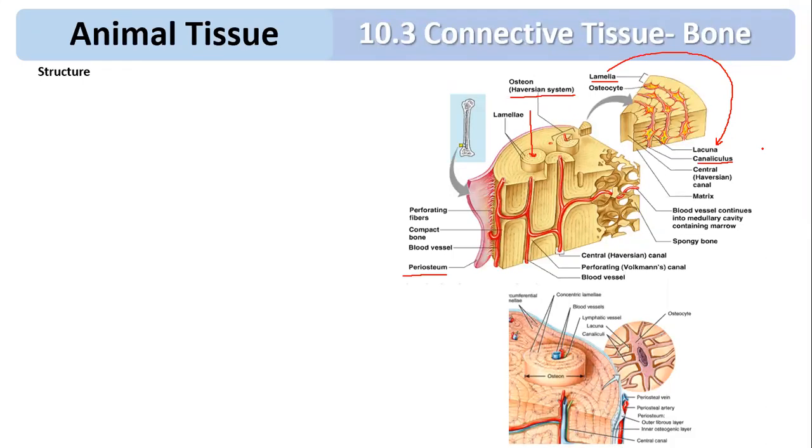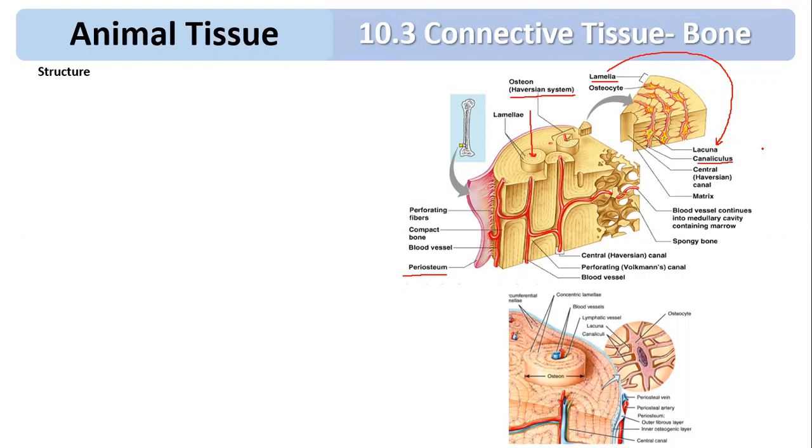Internally, the bone marrow cavity is surrounded by the endosteum. Now the periosteum is the part where the tendons and ligaments attach themselves. The blood vessels and nerves penetrate through the periosteum and then enter inside the bone.